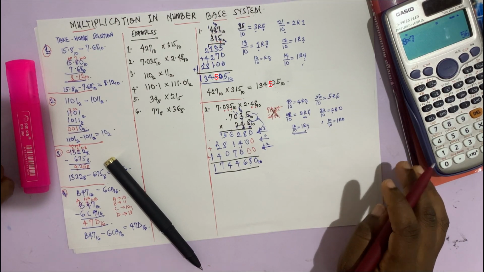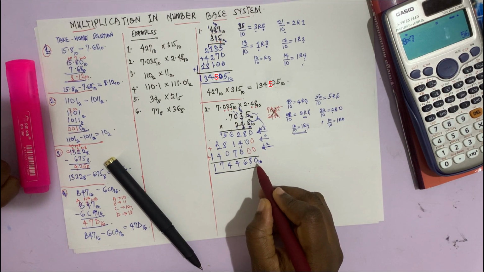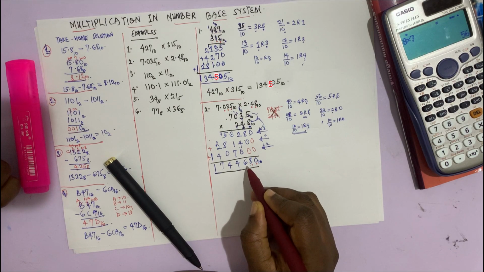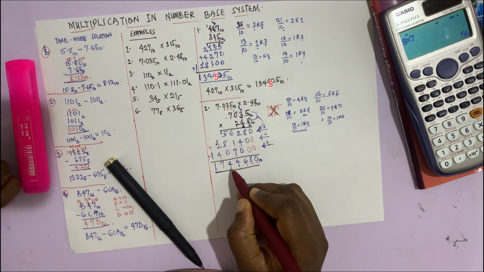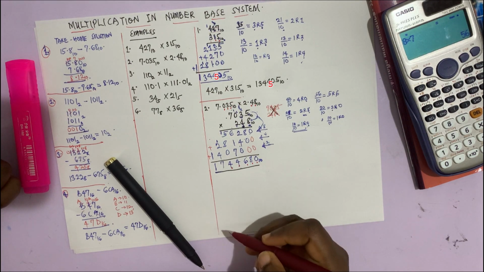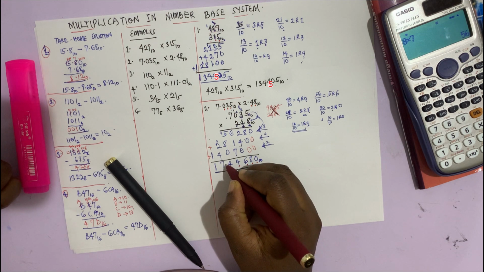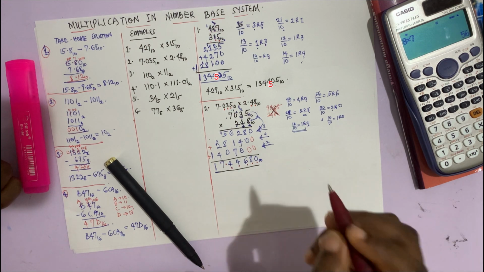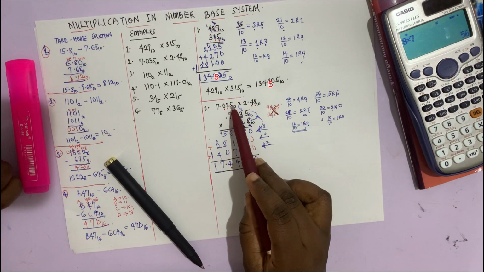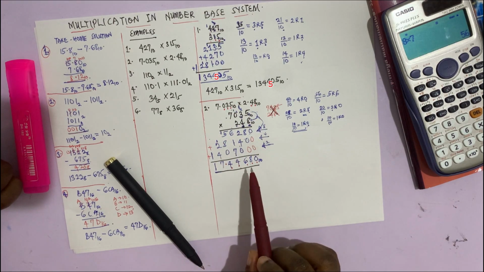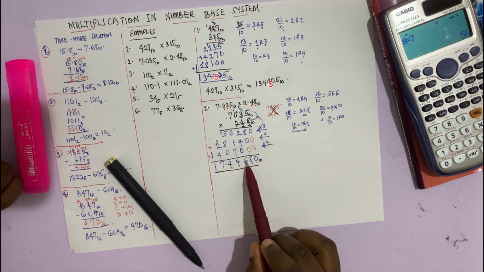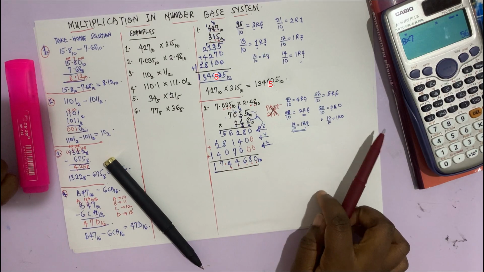So we'll start counting from our right hand side. 1, 2, 3, 4, 5. So that means our decimal point will be here, because we have 5 digits after the decimal.